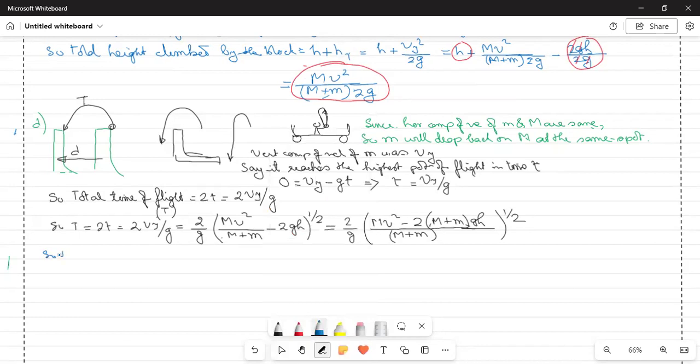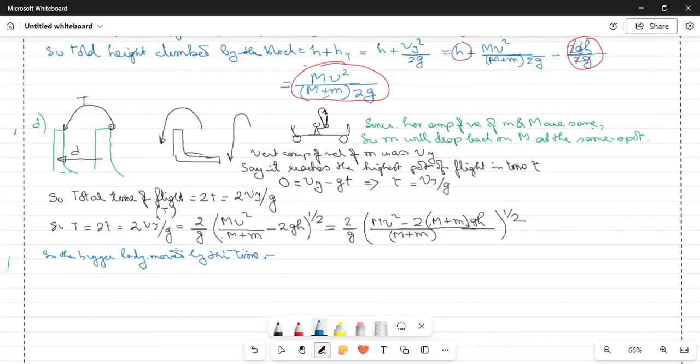So the bigger body moved by this time, how much has it moved?